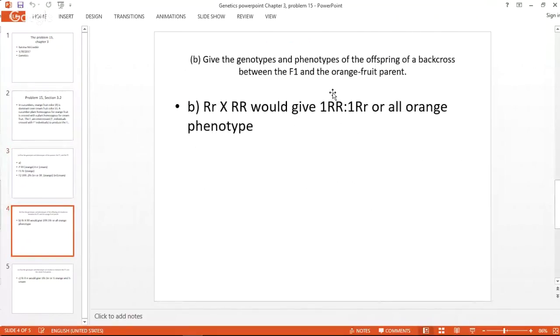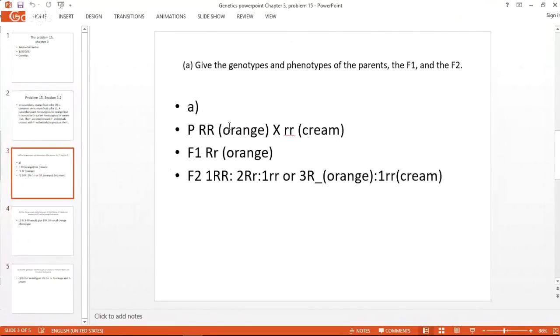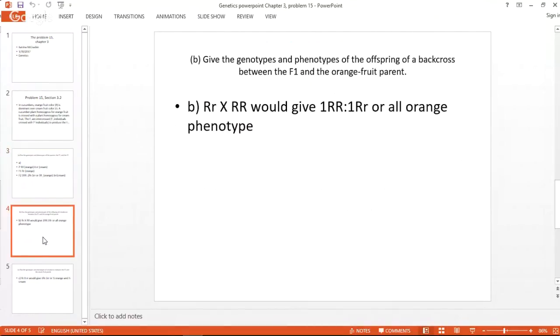Then we're back crossing it with the orange fruit parent, which is homozygous dominant, big R. We have big R, little r across the top and big R down the side. That gives us one big R big R, which is homozygous dominant, and one big R little r, which is heterozygous. But the phenotype is going to be 100% orange because we have that dominant R.